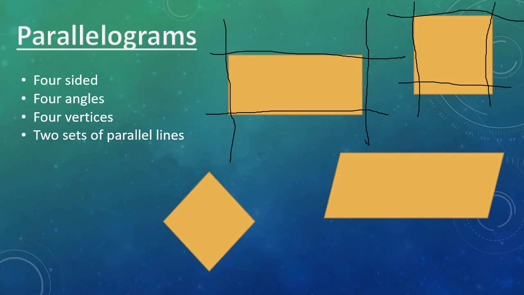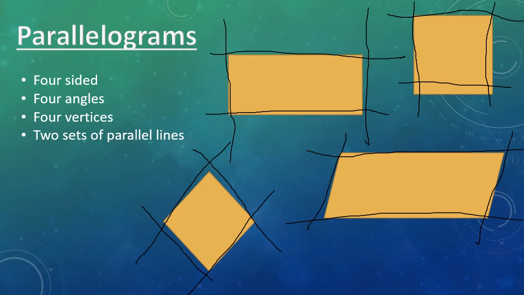When you are finding more than 1 set of parallel lines, if you have 2 sets, then we call that type of shape a parallelogram. And this is a pretty classic parallelogram where the angles are not 90 degrees, but because it does have 4 sides, 4 angles, 4 vertices, and 2 sets of parallel lines, we call it a parallelogram.